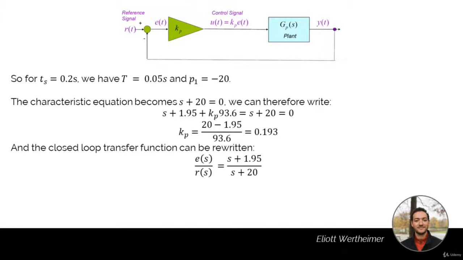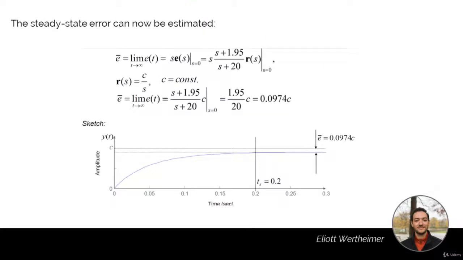And finally, we can rewrite the closed loop transfer function as E(s)/R(s) equal to (s plus 1.95) over (s plus 20). We can now find the steady state error of our system.